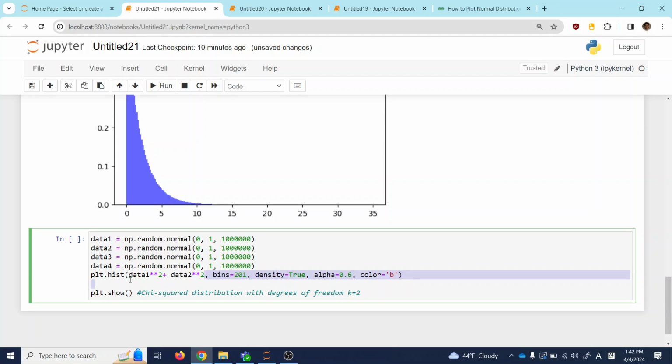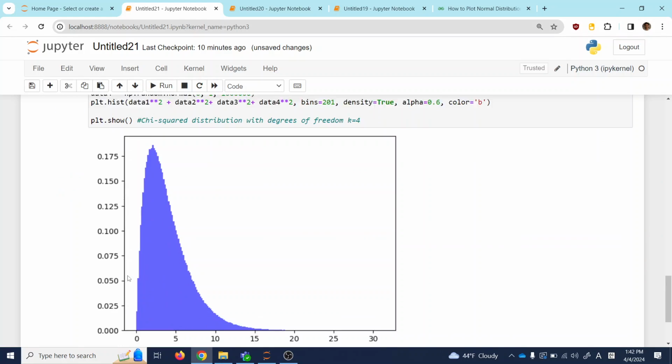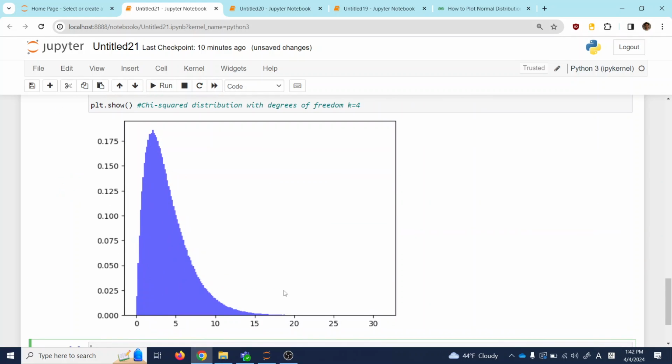So I'm going to add 2 more things here: data 3, data 4. So I have 4 independent random variables with normal distributions, but I'm squaring these values and adding them, okay? And because I'm adding 4 things, the degrees of freedom will now be 4. Okay, so this is what you get.